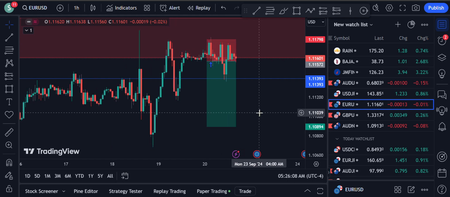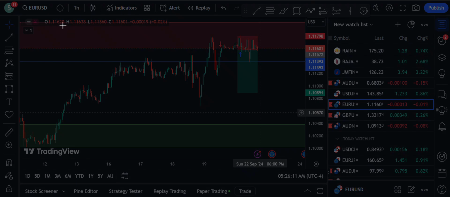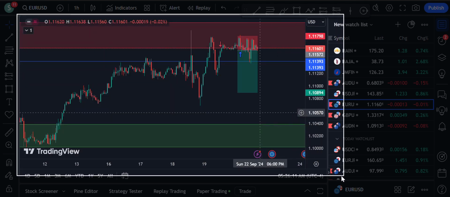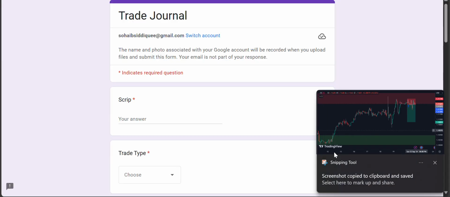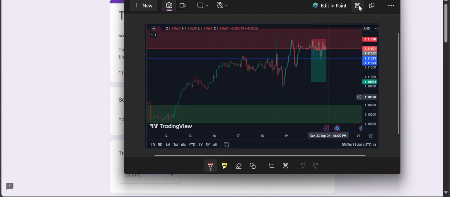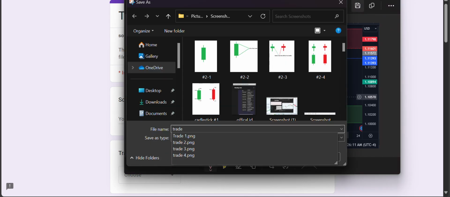We are going to take a screenshot and then we will put it in our journal. We'll save it. Trade 5.